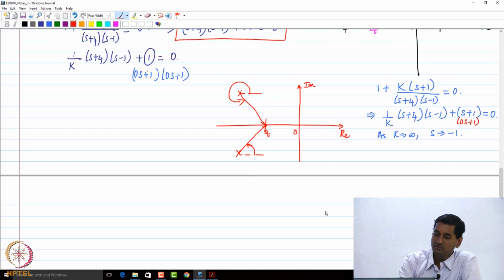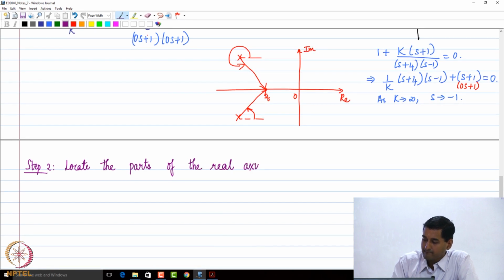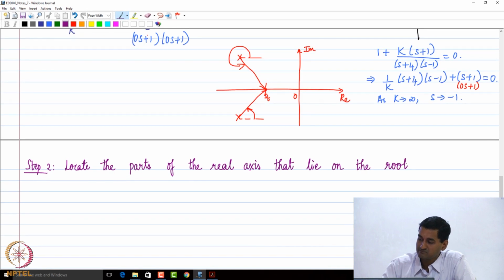So, step 2, okay, is to locate the paths of the real axis that lie on the root locus, okay.